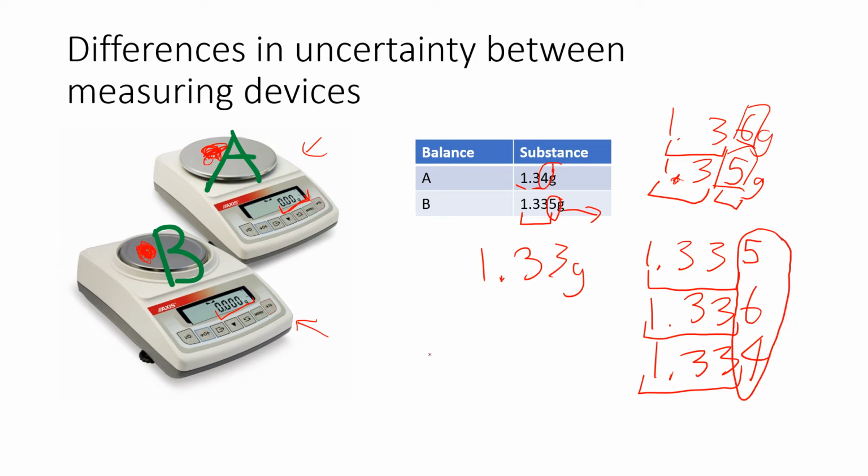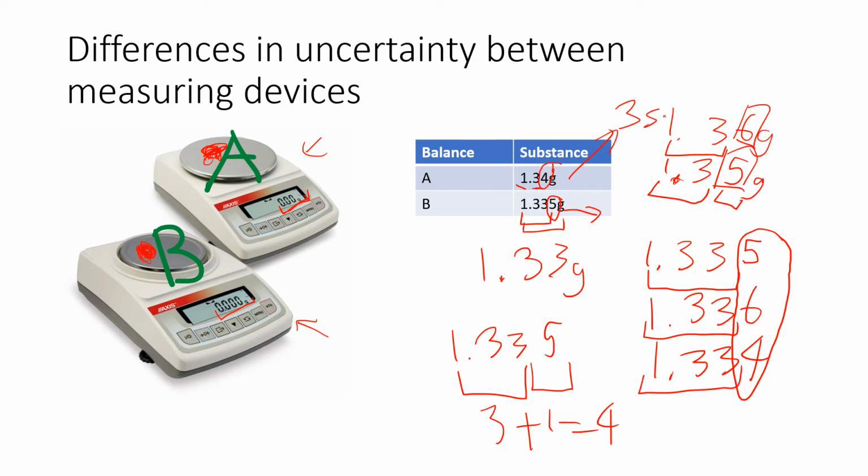Now if you were to wonder which balance is more precise, then it would be balance B, because balance B can measure up to more significant digits. It can measure up to 4 significant digits. The 1.335, we have the 3 certain plus the 1 uncertain. That's 3 plus 1, you get 4. Okay, 4 significant digits. Balance A only goes up to 3 significant figures, significant digits. Those are the same thing.